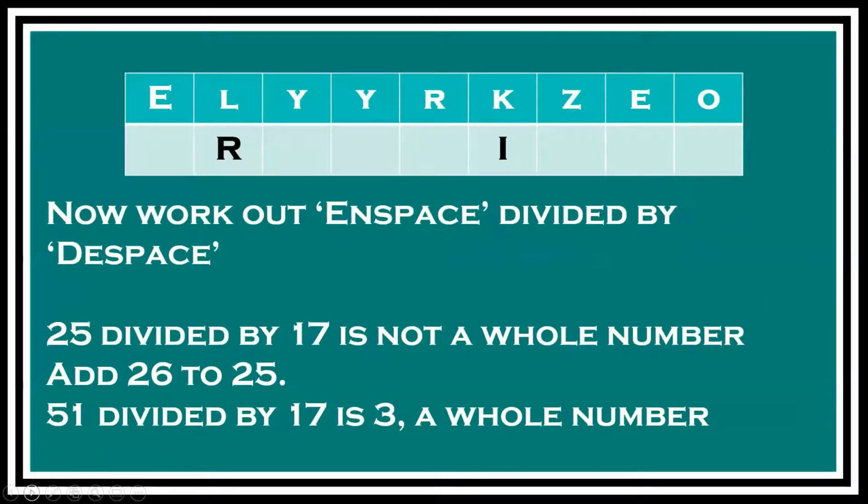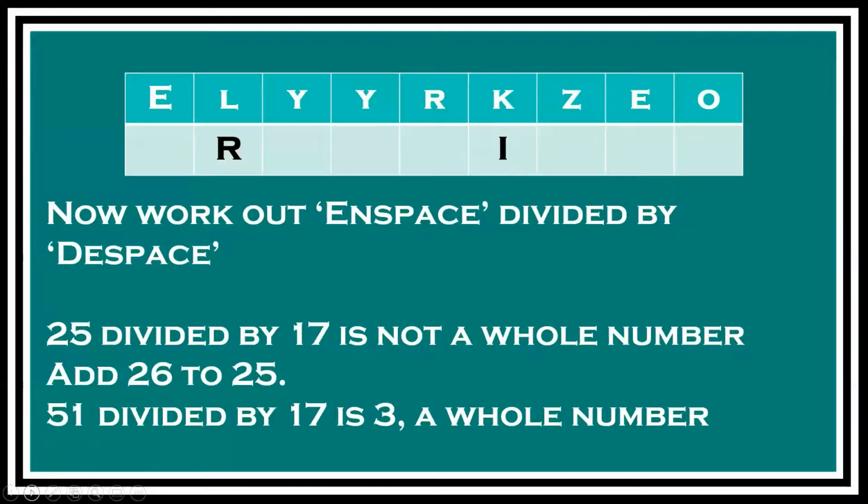Now we need to work out N space, which we just found to be 25, divided by D space, which we found before to be 17. 25 divided by 17, that's not a whole number. So we need to add 26 to the top number, so we need to add 26 to 25. Always adding 26 since there are 26 letters in the alphabet. 26 plus 25 gives you 51.